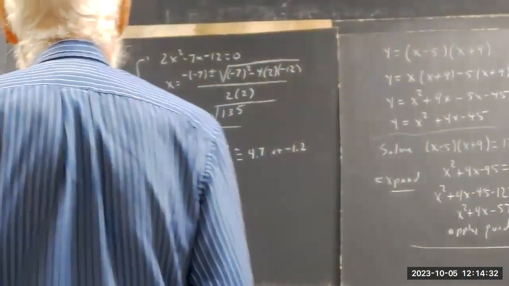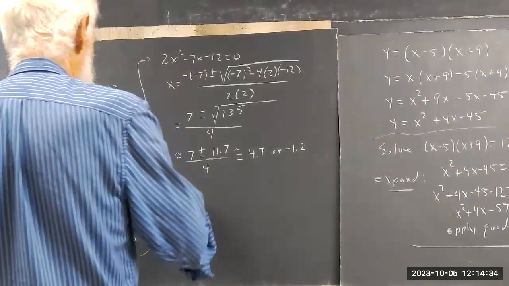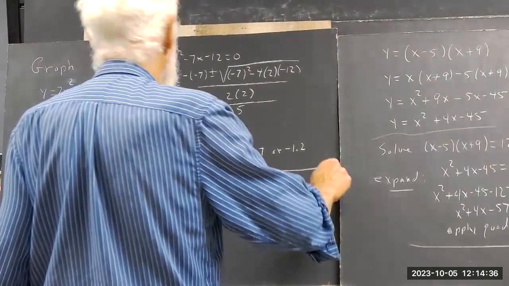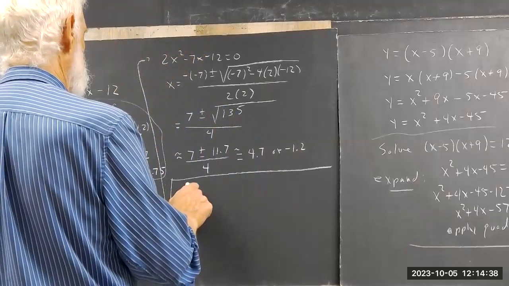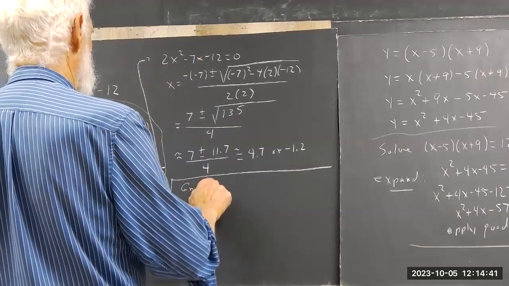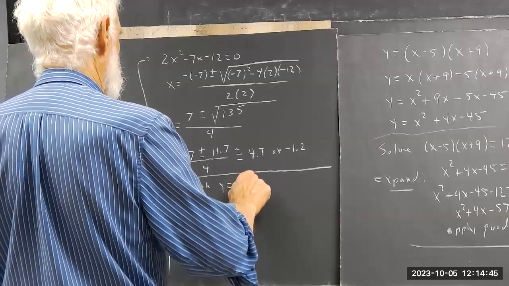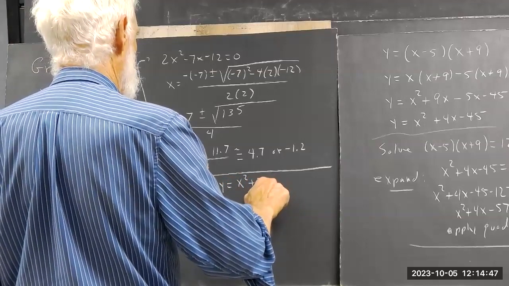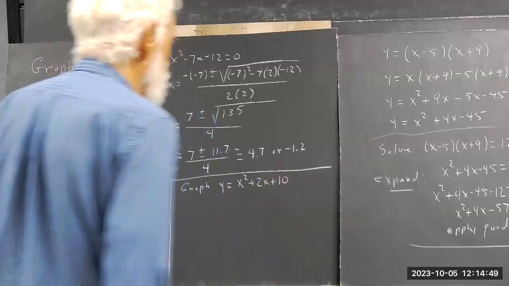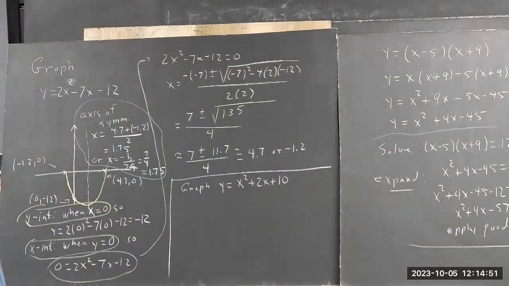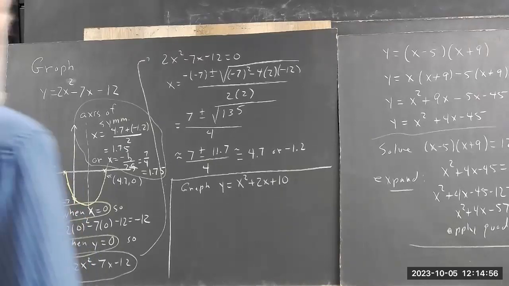Now there is one little catch. Let's say we want to graph x squared plus 2x plus 10 and follow this method.